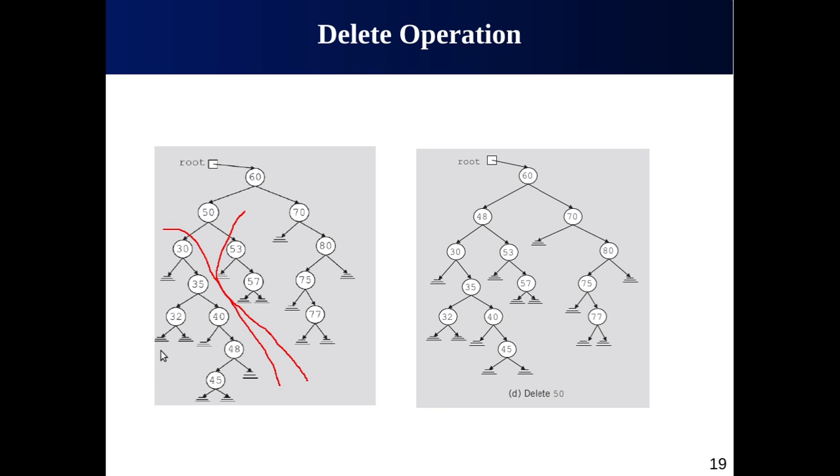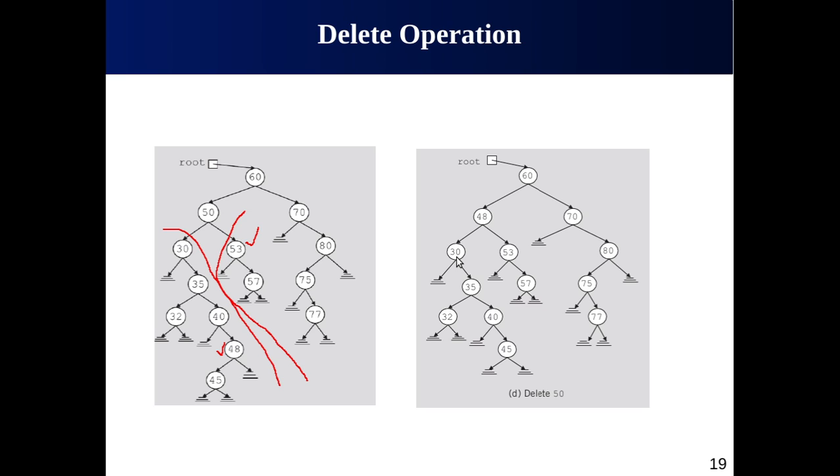If you are taking a node from the left subtree, it must be the greatest value, while if you are considering a node from the right subtree, it must be the smallest value in all the nodes.